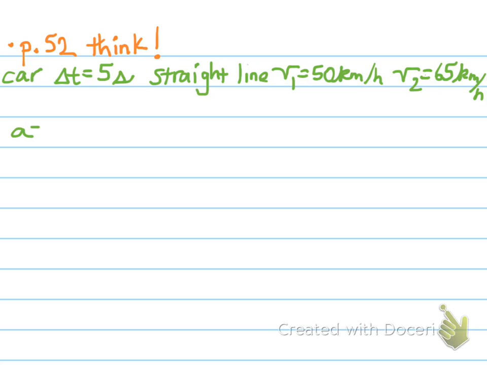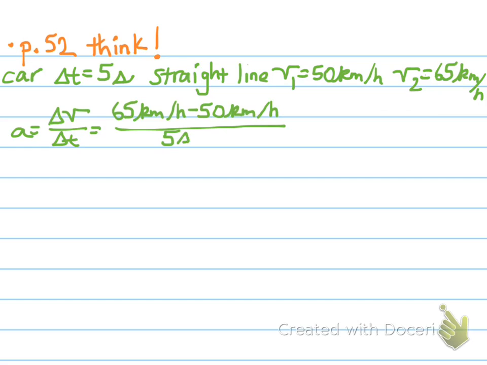So acceleration, again, is our change in velocity over our change in time. So we have 65 kilometers per hour minus the 50 kilometers per hour divided by 5 seconds, which is 15 kilometers per hour in 5 seconds. 15 divided by 5 is 3, so it's 3 kilometers per hour per second.